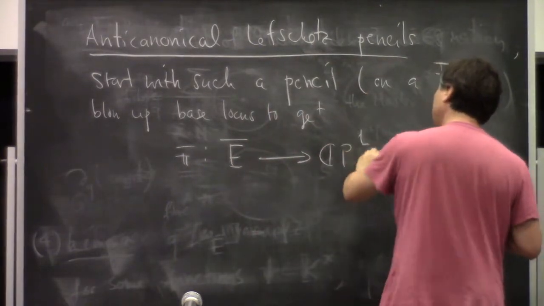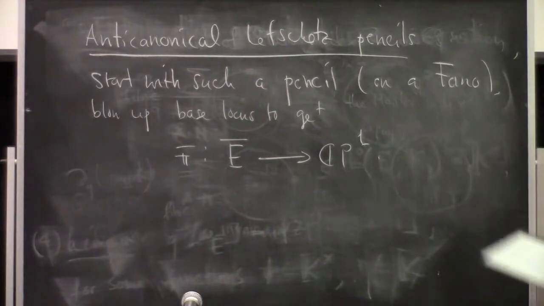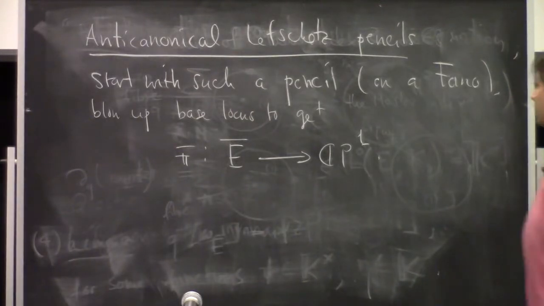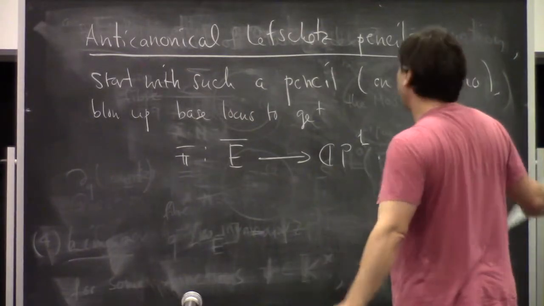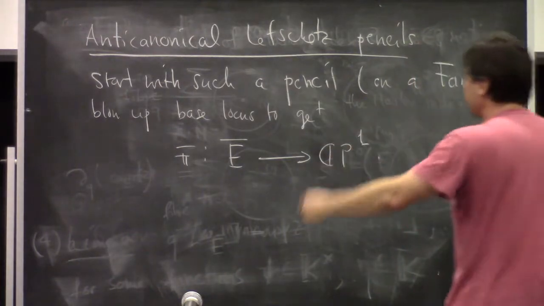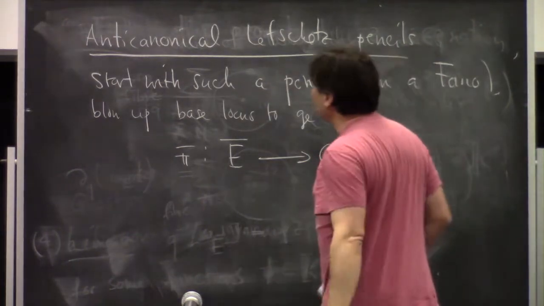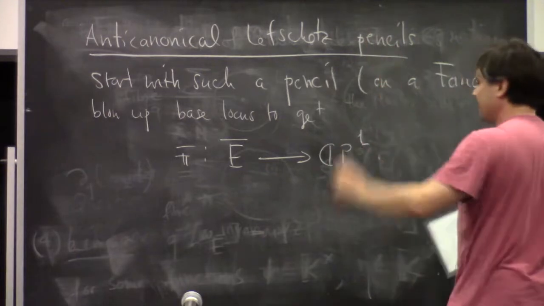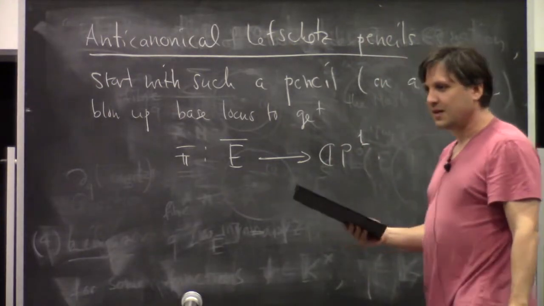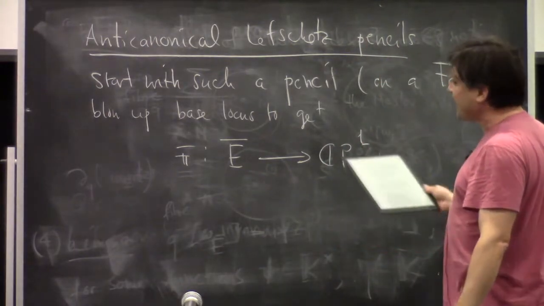So it's a family of Calabi-Yaus over CP1. For this to be nice, I need the base locus to be smooth, and then I might just as well assume that it's a Lefschetz pencil. So you get this guy here, and then you get E.